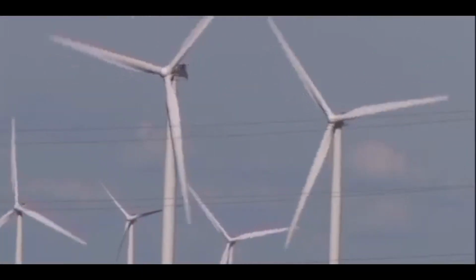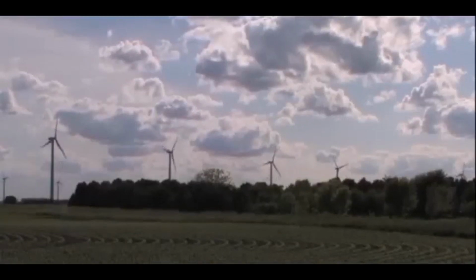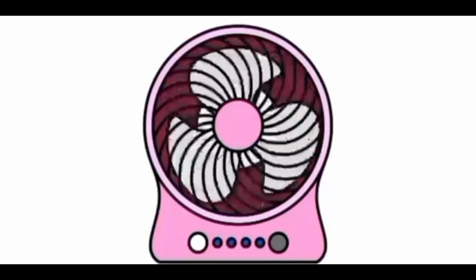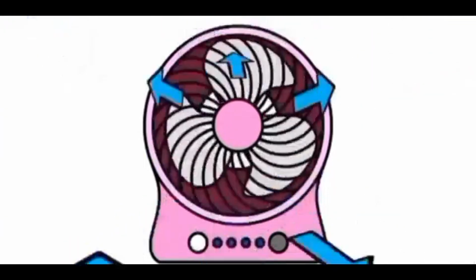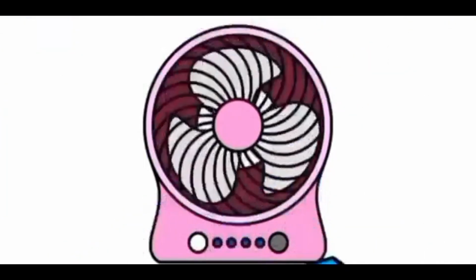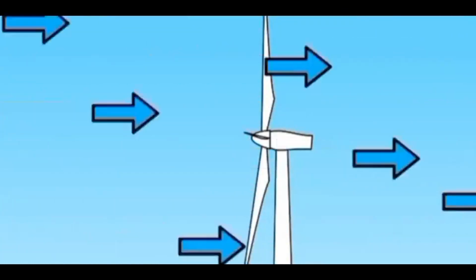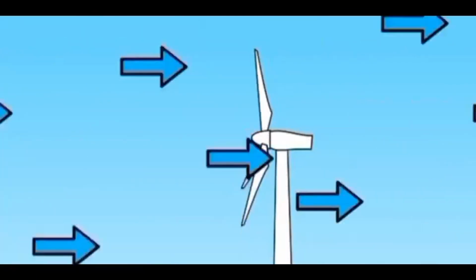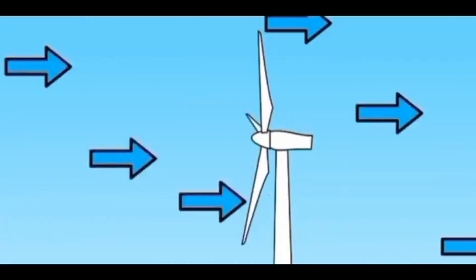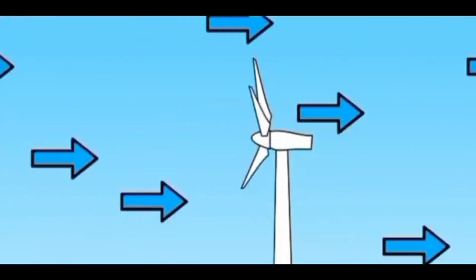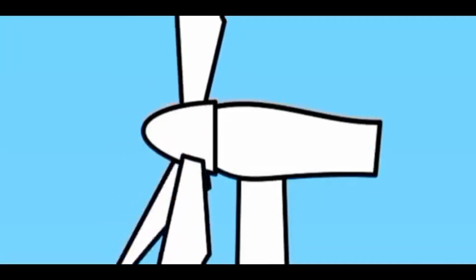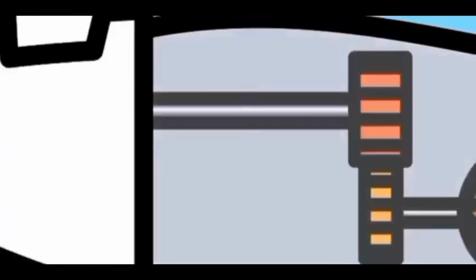Windmill or wind turbine uses the wind to make electricity. Unlike fan that use their blades to push the air out, in case of a windmill, the wind pushes the air to spin the blades of windmill.